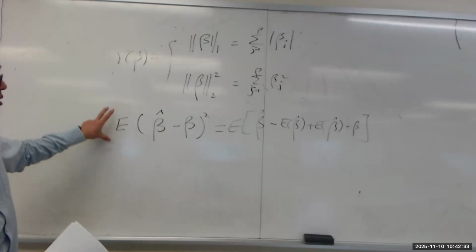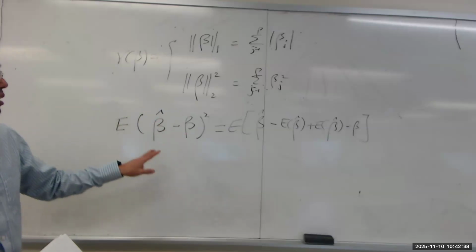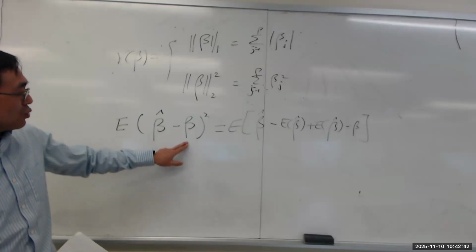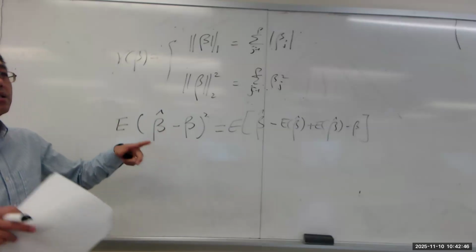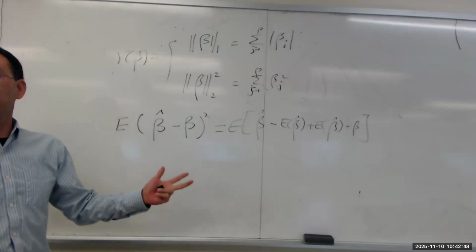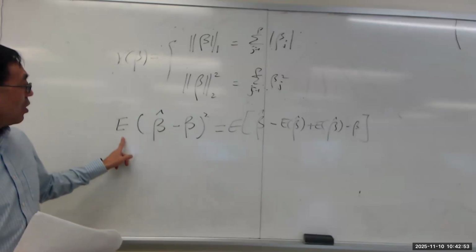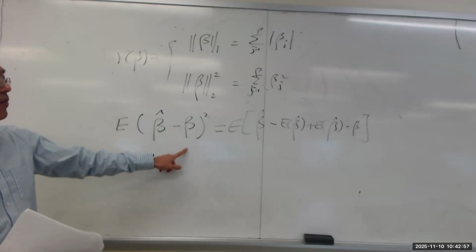The larger the value, the worse the estimation, because you want the estimation to be as close to the true value as possible. But because beta hat, the estimation, has a distribution depending on the data and is not fixed, we want to put the expectation on this too. So this is called the expected error.